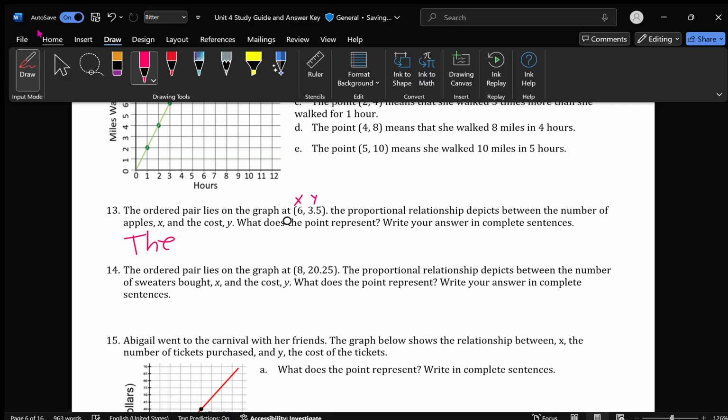Let me just type this. I think it'll be better if I type. The ordered pair represents or means that 6 apples cost $3.50.